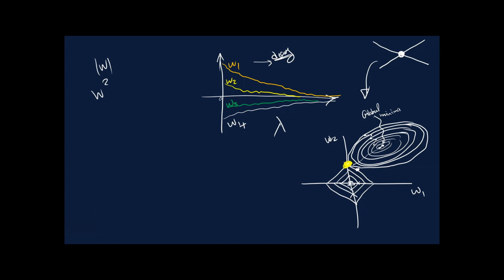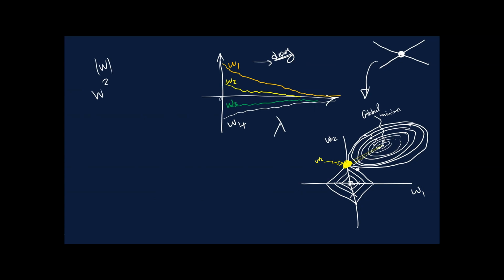Okay, so what is the meaning of this point? This point means that we have this value for W2, but the value of W1, which is the solution, by the way, that's the value of W1 and W2 satisfying the solution that we want. So it's almost like the part of the global minima intersecting with this.